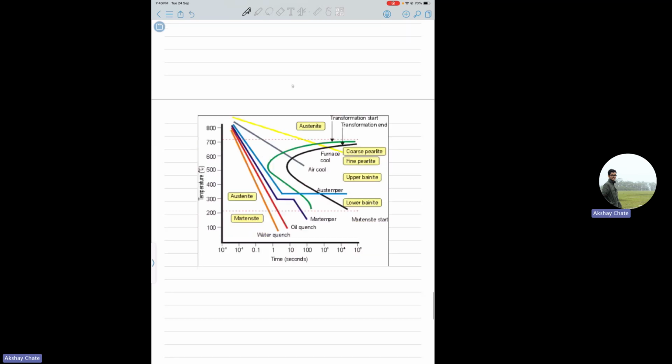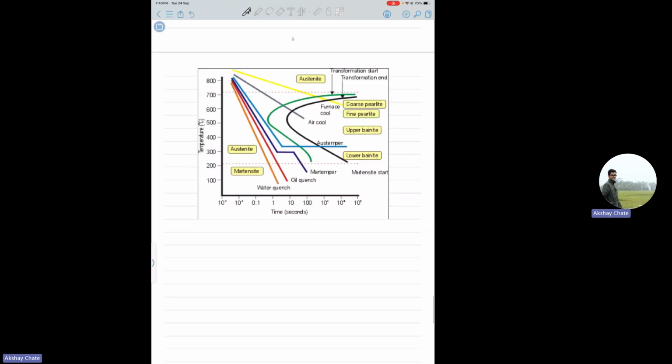Yeah. So now you see here, this is basically the effect of cooling rates on the final grain structure.